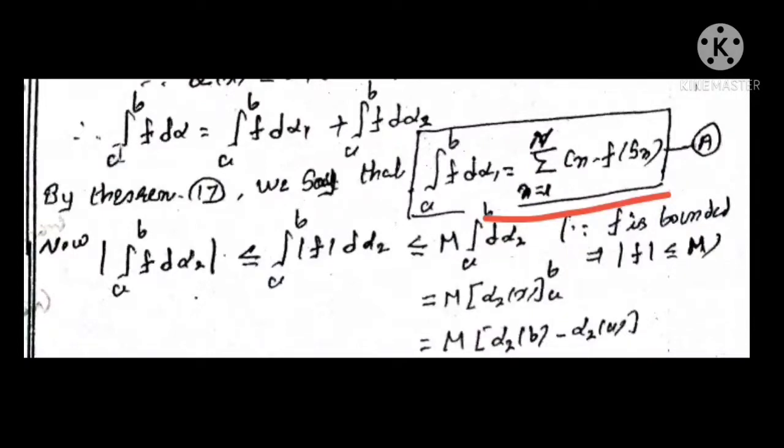Now, the modulus of the RS integral of f with respect to alpha 2 on [a, b] is less than or equal to the RS integral of modulus of f with respect to alpha 2 on [a, b].